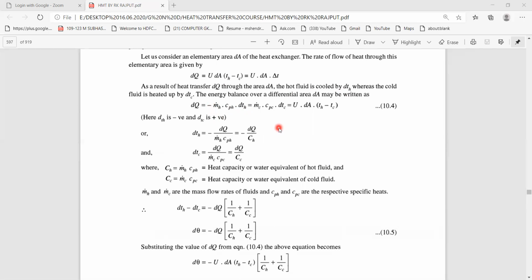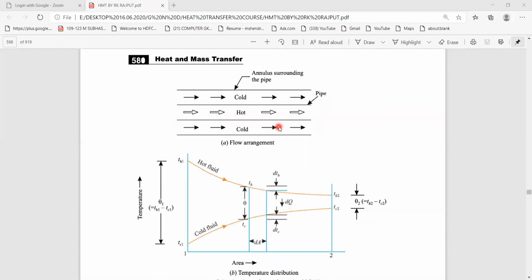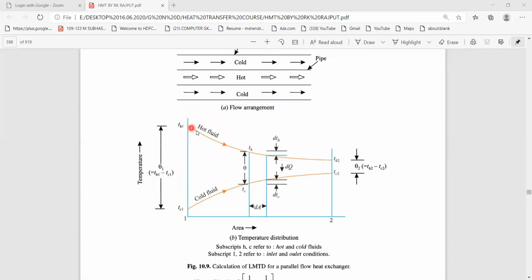Minus, why are we taking the minus sign here? Because if we move along the length of the heat exchanger, the temperature of hot fluid is decreasing. I repeat, if you move along the length of the heat exchanger, the temperature of the hot fluid is decreasing. So according to the sign convention, heat which is given out by the system is arbitrarily considered as negative.